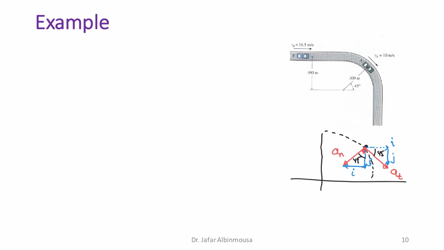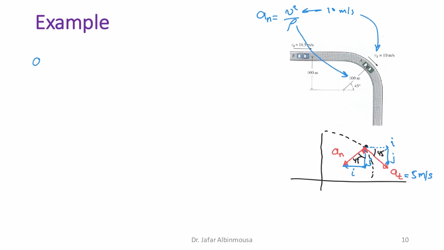We have also been given the tangential component. This one was 5 meter per second square. It was given to us. The normal component, AN, equals V square over rho. Here, V is 10 meter per second, which was given to us, and rho is 100.